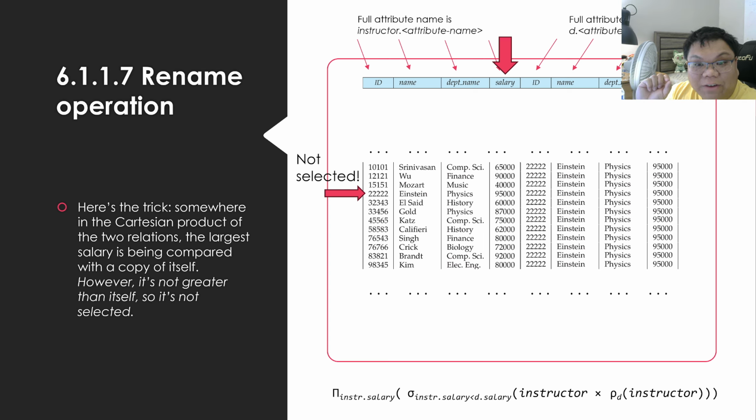But is it greater than itself? We are comparing the largest salary with itself. Is it greater than itself? No. Because by definition, A is greater than A is going to be false. Because how can something be greater than itself? So that means this is not selected. But that also means that all other salaries that aren't the largest salary have been selected.